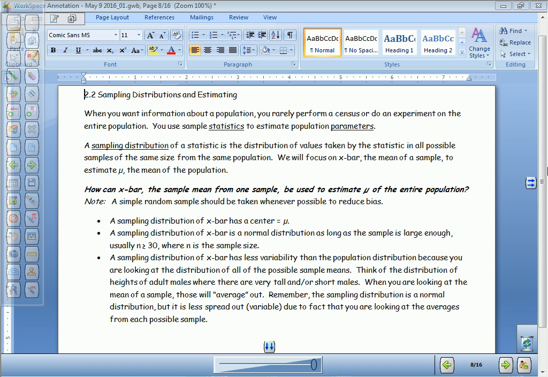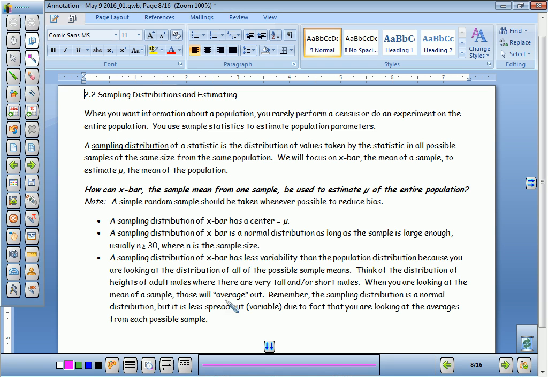But when we're looking at the means of those samples, it averages out. Those very tall heights and the very short heights will average out. And so when we look at those means, the sampling distribution is a normal distribution, but it has less spread due to the fact that we're looking at averages of those samples.